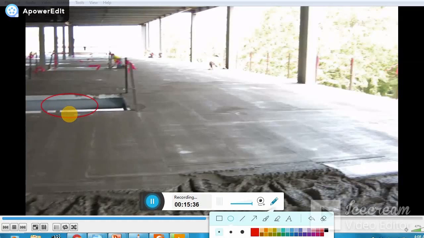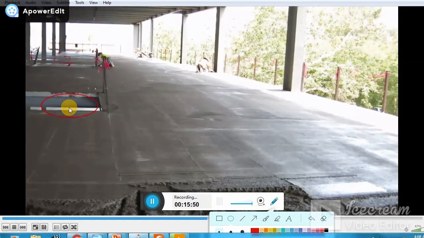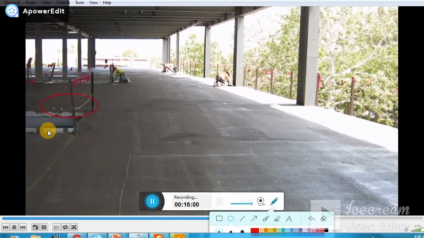This suggests that the concrete in this process is unshored, unsupported concrete, because there is no shoring. Look, this area is open, meaning the beam is not supported by any additional support from the bottom. So that's why this is an unshored concrete.